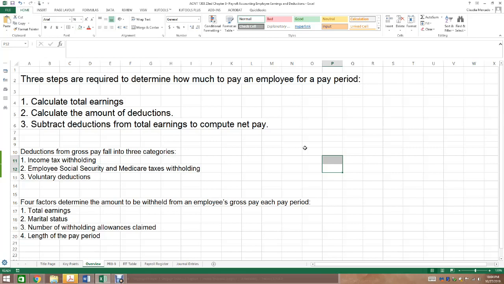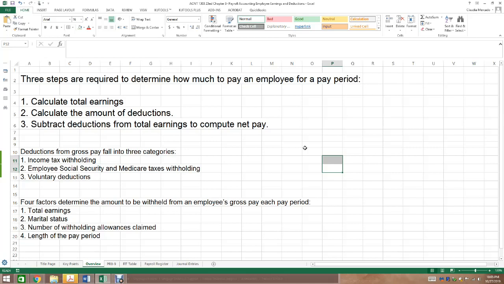Okay? So after we calculate your earnings, we have to calculate your deductions. How much are we going to take away from your paycheck? And this money that we take away is to pay for payroll taxes and other deductions. There's several taxes that employees are liable to pay, and we'll go over these taxes briefly in a minute. We also have other deductions.